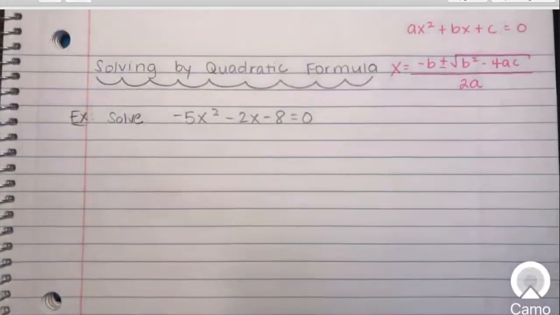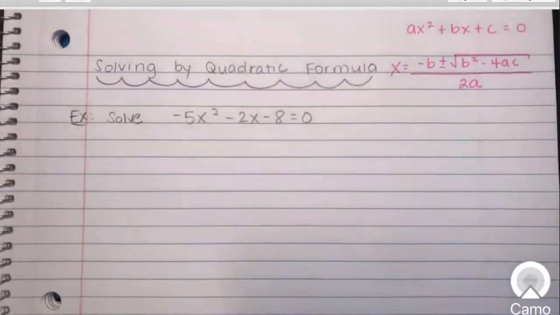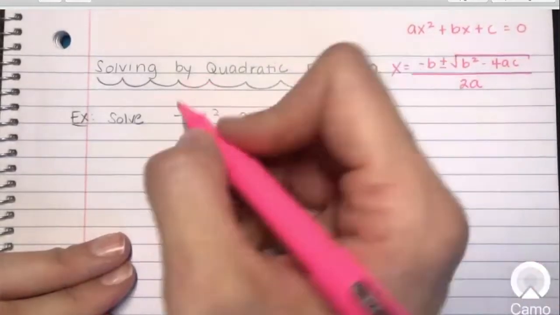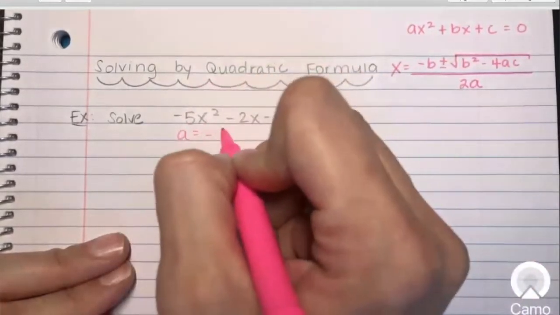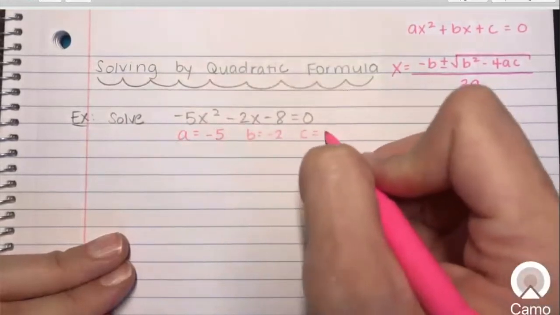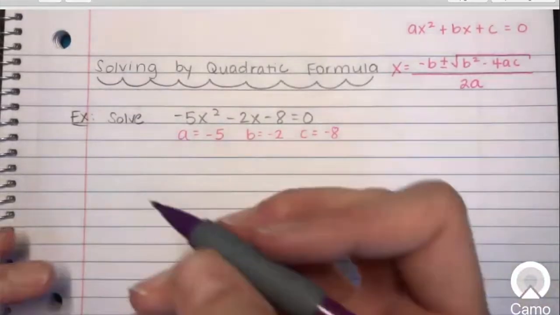So the first thing we have to do is make sure it is written in standard form, and we see that it's written in descending order and the right-hand side equals 0, so it is good to go. What we want to do next is identify what is A, what is B, and what is C, so that we know what values we are plugging into the quadratic formula. So A will be negative 5, B will be negative 2, and C will be negative 8. So all we have to do is substitute those values in and then evaluate.